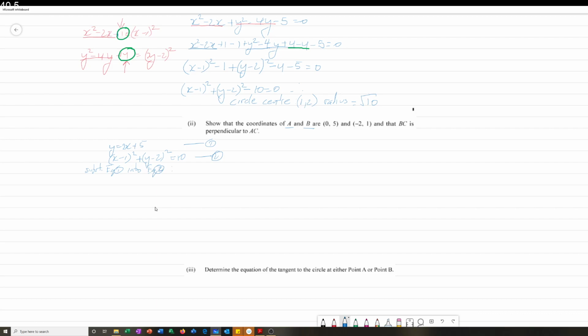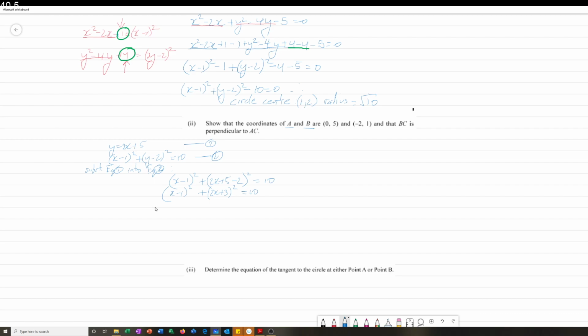So that would give me (x minus 1) squared plus y is 2x plus 5, and that's a minus 2, to be squared is 10. So just simplify it as (x minus 1) squared plus, when you work out inside these brackets, you should get (2x plus 3) squared is equal to 10.